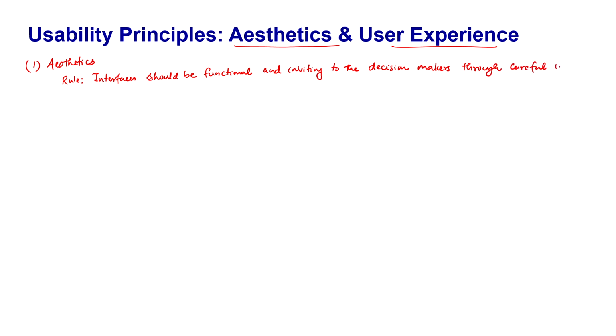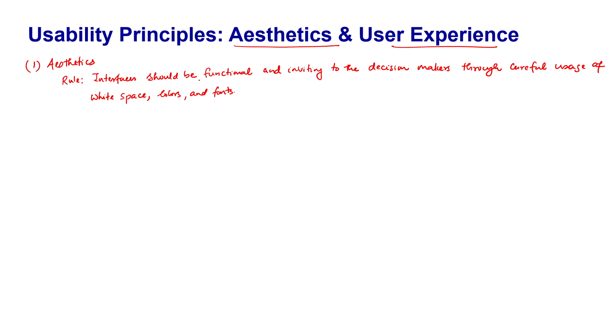The major rule is that interfaces should be functional and inviting to the decision makers, through careful usage of white space, colors and fonts. So, three major aspects.